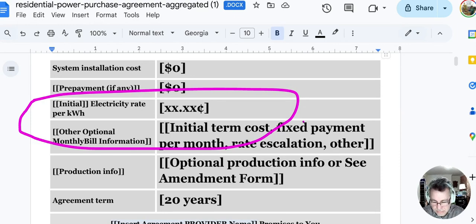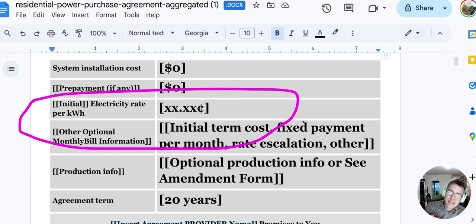And as I said, this is far more common in commercial agreements than residential, but since this is a sample contract that's in there. And this is also going to vary by state, where it would be more common in some states than others. And why is that? Because depending on which state you're in, if you pay for electricity, it is either a service or a good, depending on what state you're in.